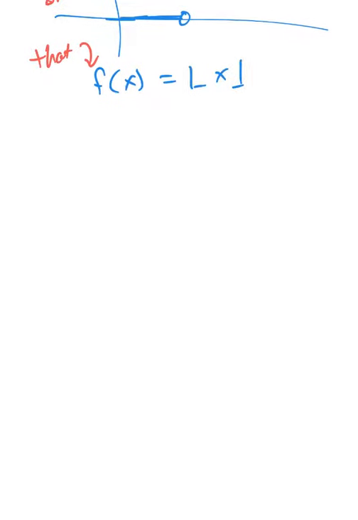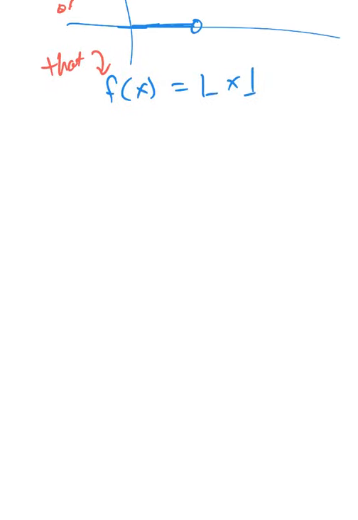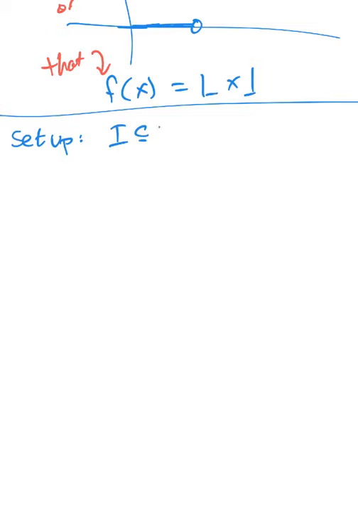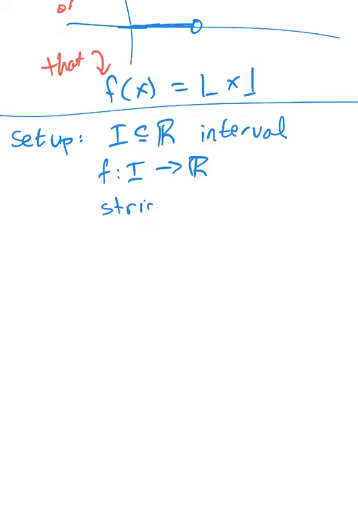So let's do our setup here. I is some interval and f maps I to R is strictly increasing.